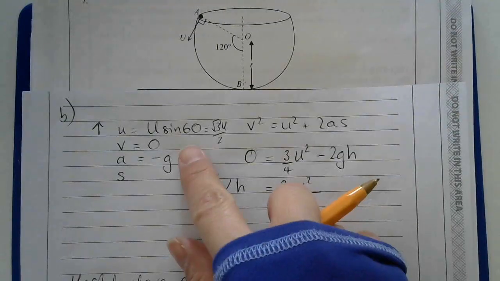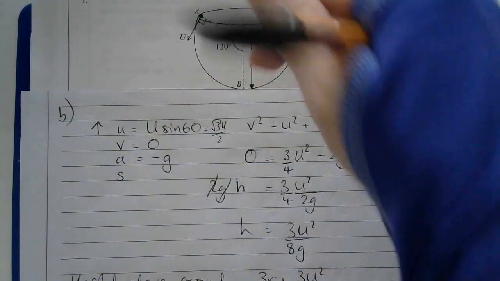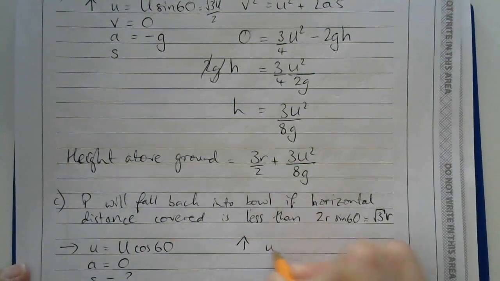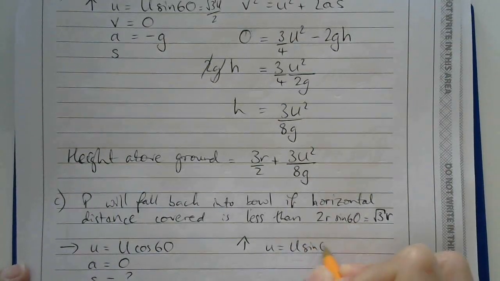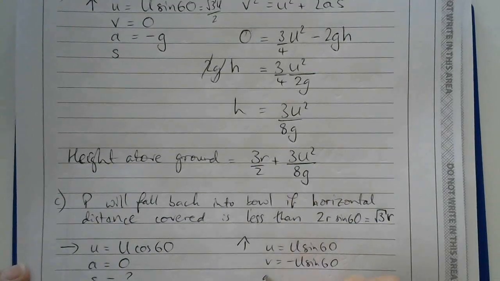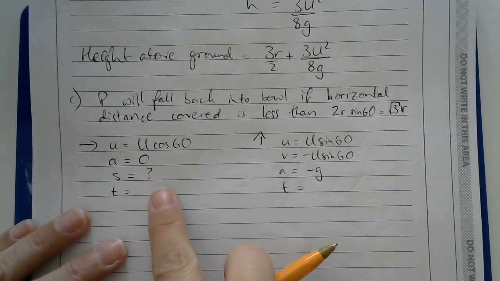In other words, if this is the speed it goes up with, it's got that same speed coming down again. So vertically, I would have u sine 60, v is minus u sine 60, a is minus g, and then I could use that to find t, and then pop that value of t in there.